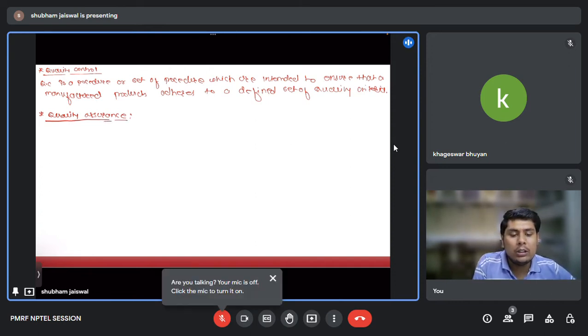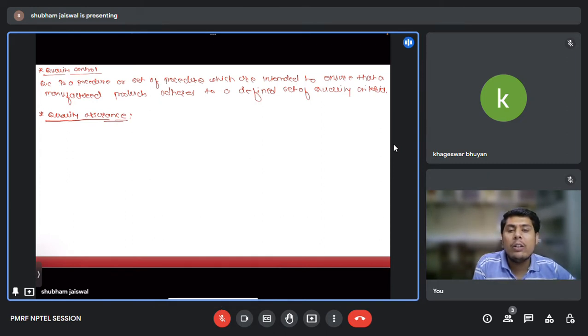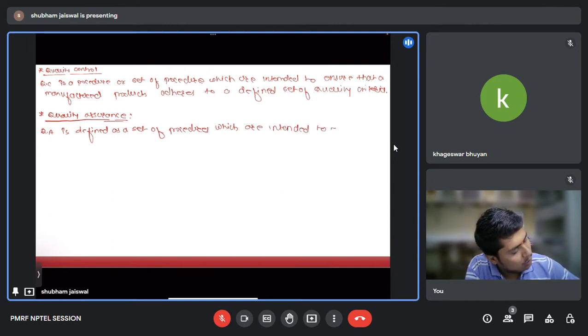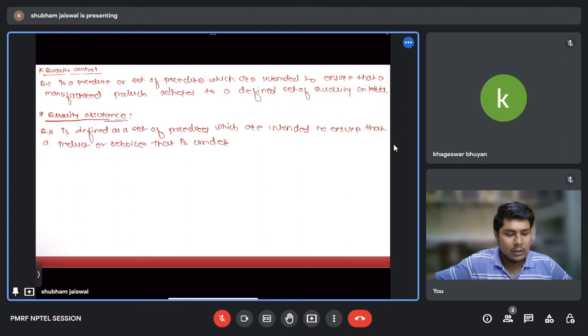It is a set of procedures which are intended to ensure that the product or service which is under development satisfies the defined set of quality criteria.